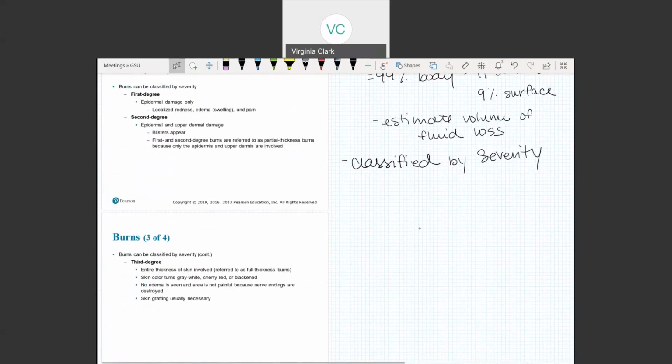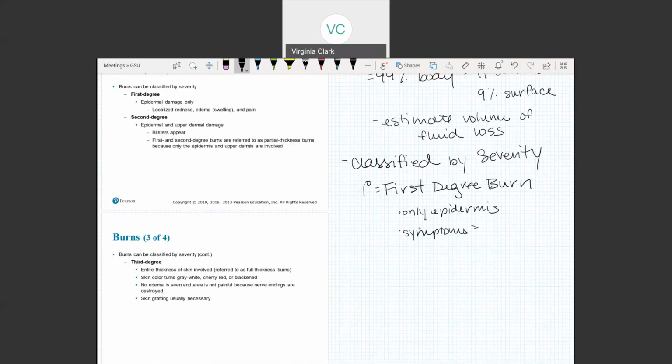First degree burn. What's happening with a first degree burn is that it's going to be only the epidermis layer. Your dermal layer is still intact. The symptoms for this are not going to be very severe. They're just going to be more uncomfortable.